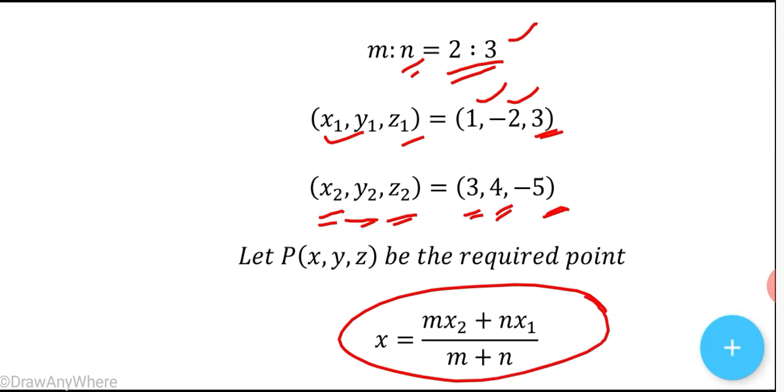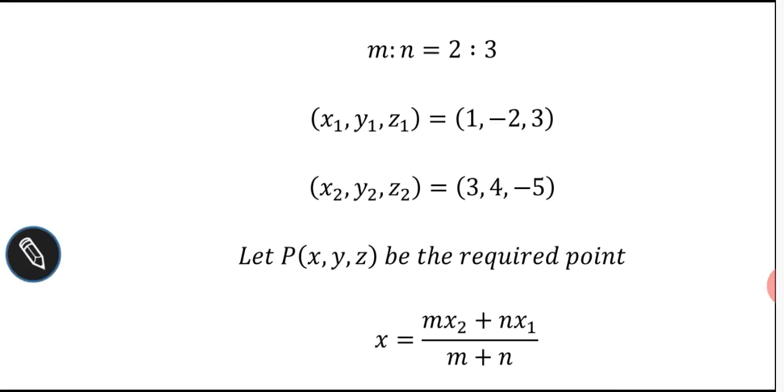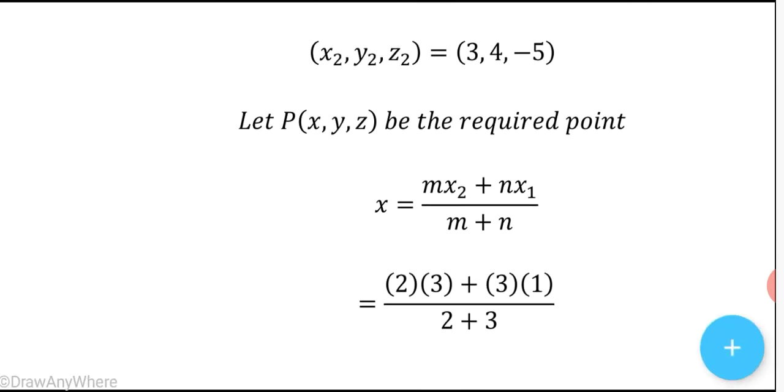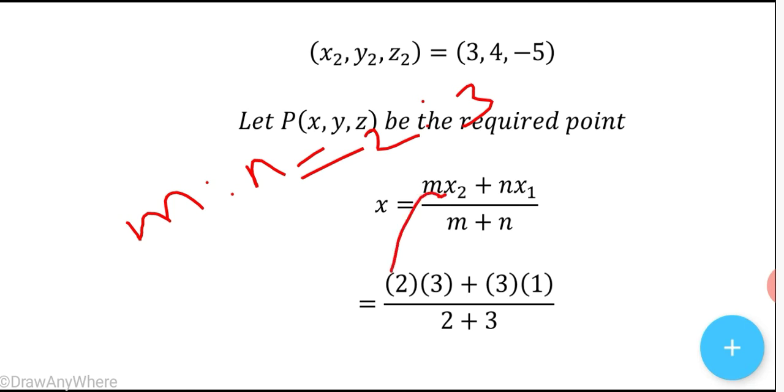Okay, so x equal to (m x2 plus n x1) divided by (m plus n). So plug in the values. Here m is to n is 2:3. So the value of m is 2 into the value of x2 is 3, plus value of n is 3, value of x1 is 1, divided by m plus n.